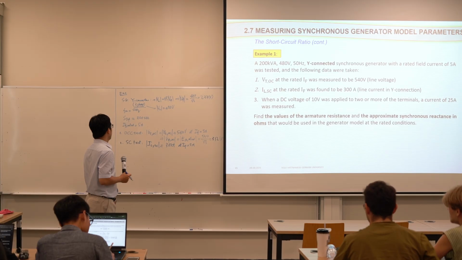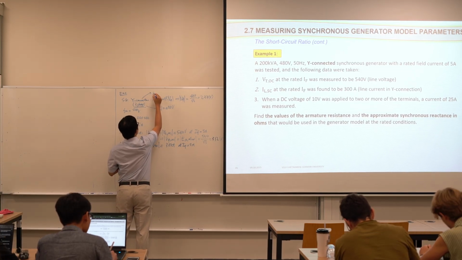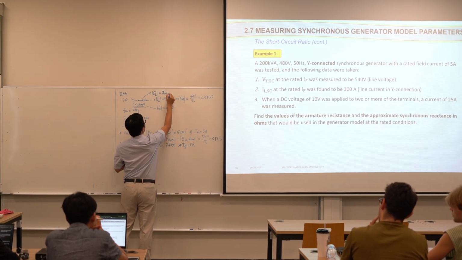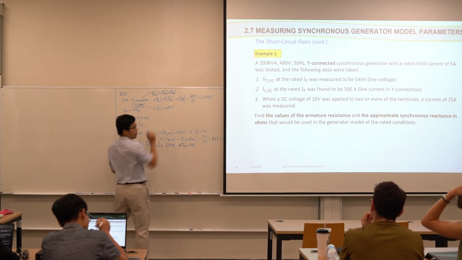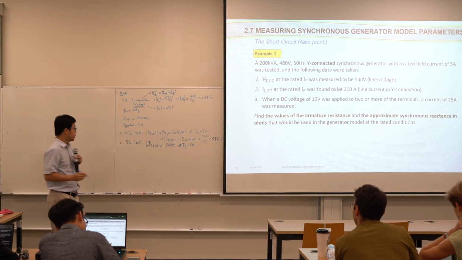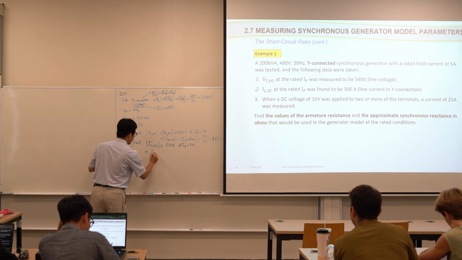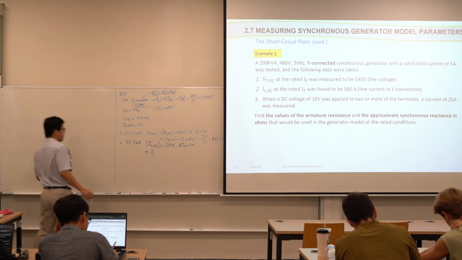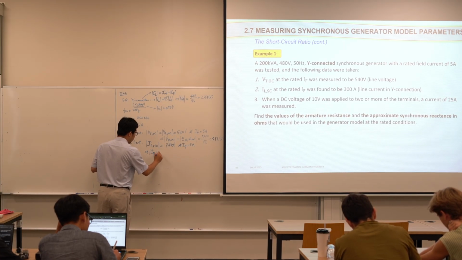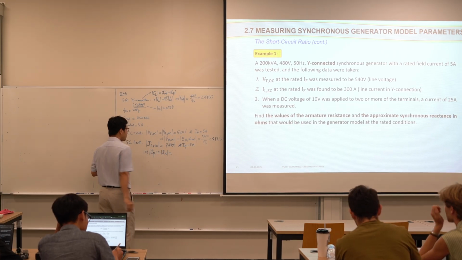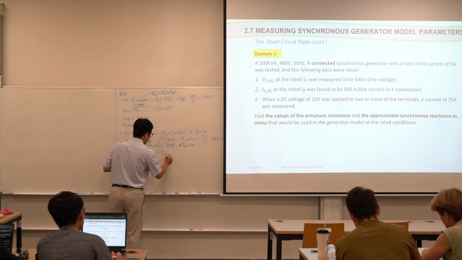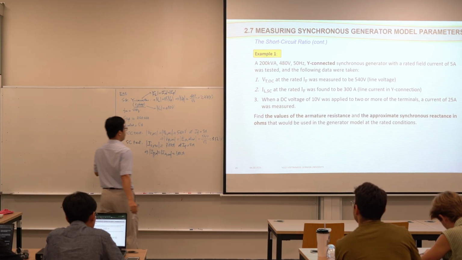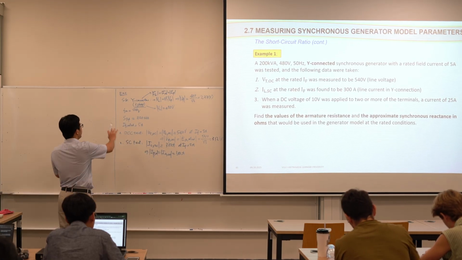Because this is a Y connection, IL equals I phase. So here we have I phase or IA short circuit is 300 amperes.